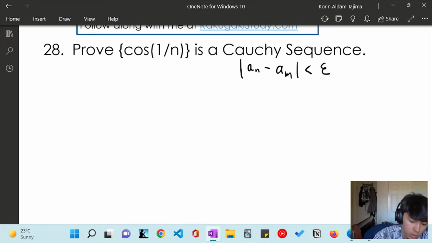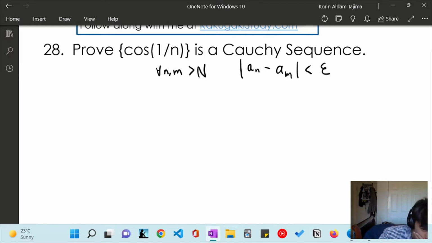And that's for all n and m greater than some number N. So after a certain point, they're all going to be less than epsilon. And that's a Cauchy sequence. So how do we do that?